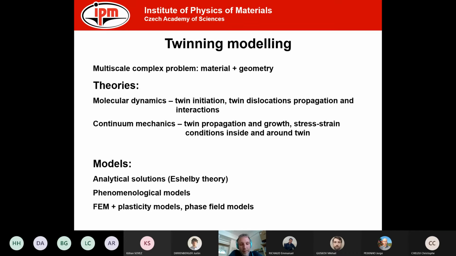And if you want to go into the numerical modeling, then very useful is finite elements with plasticity models, or nowadays also phase field models becoming a very useful tool for simulation, mostly the twin propagation.